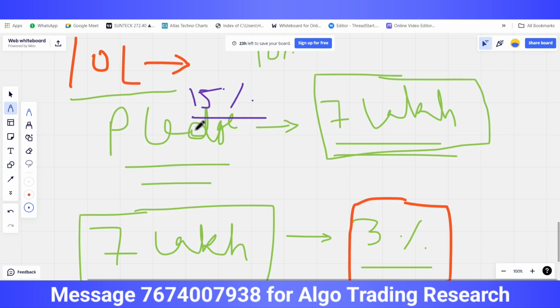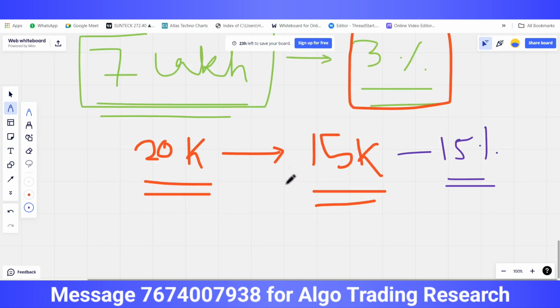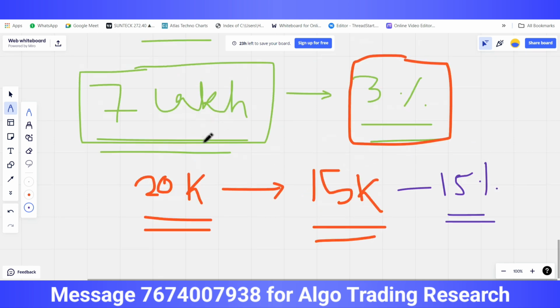This can additionally give you 15% in a year after brokerage and taxes, and I am talking about the worst case scenario, even if you are doing algo trading with 7 lakh rupees capital and trading very safely. So even with, let's assume, 2 to 3% per month on a capital of 7 lakh rupees, this can be a method to generate additional passive income for your investment.